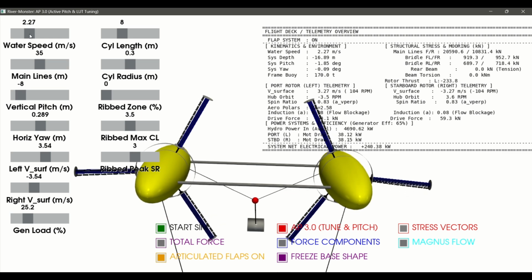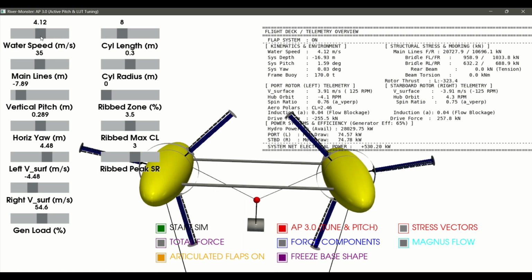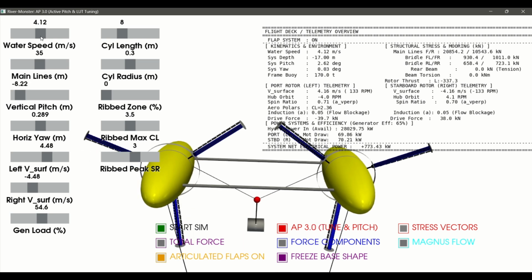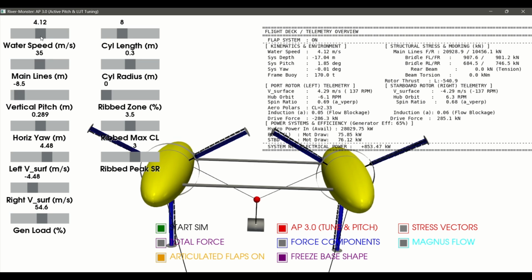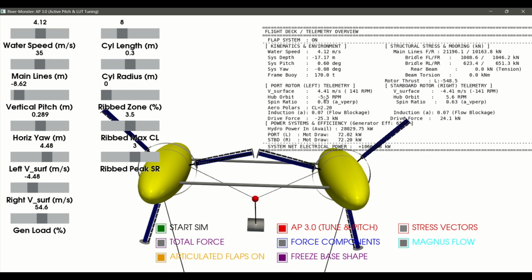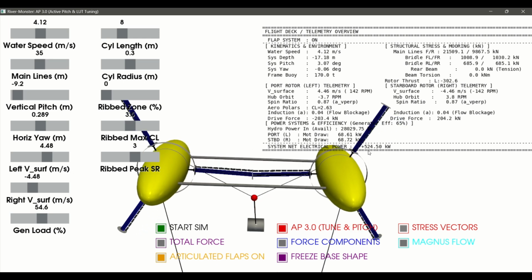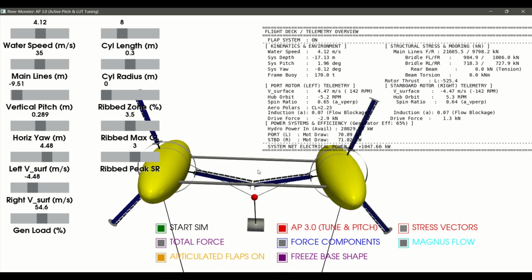Observe the remarkable dynamic adaptation. The articulated flaps instantly alter their helical pitch to capture the shifting apparent flow. The motors modulate their RPMs. The system self-trims horizontally, and the power output scales exponentially, from a few kilowatts into the multi-megawatt range.